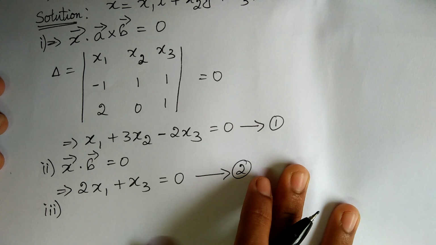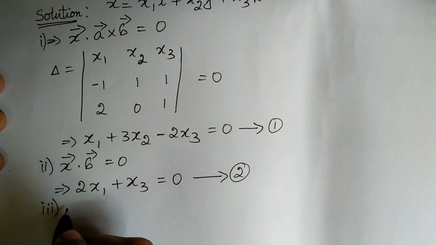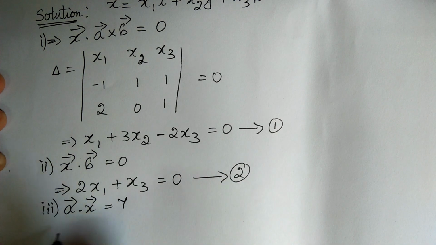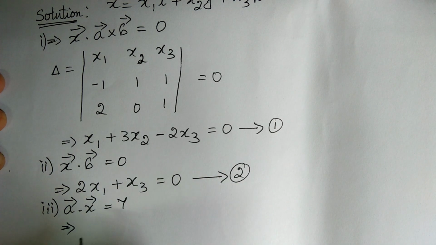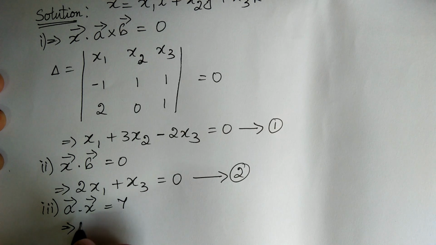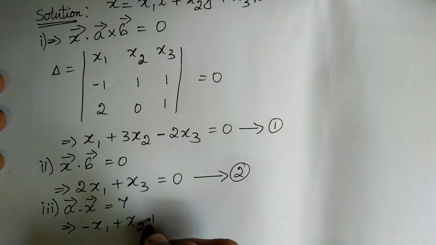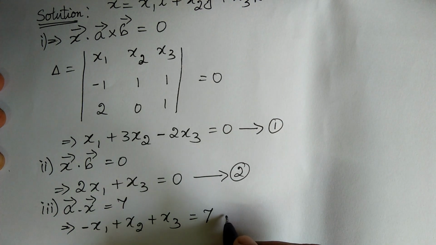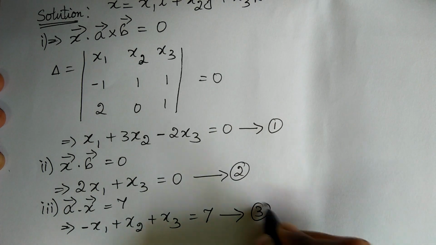And from the third condition, we can derive that A dot x is equal to 7. We can derive the equation as minus x1 plus x2 plus x3 is equal to 7. This is the third equation.